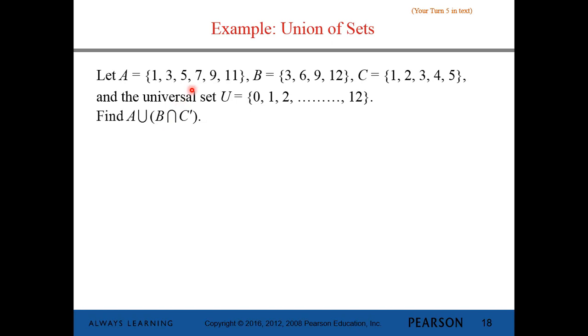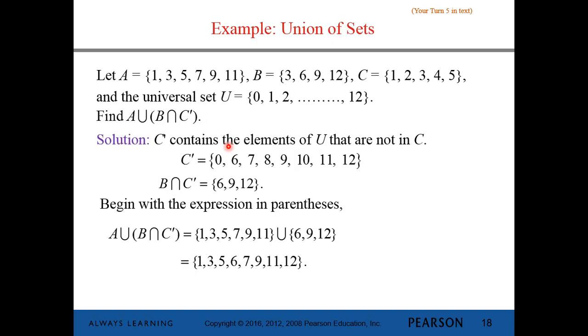Now 6 is not in here, but 9 is, so we're going to get rid of one of the 9s. That's the only duplicate that we have. So our final answer is going to be the set of 1, 3, 5, 6, 7, 9, 11, and 12.